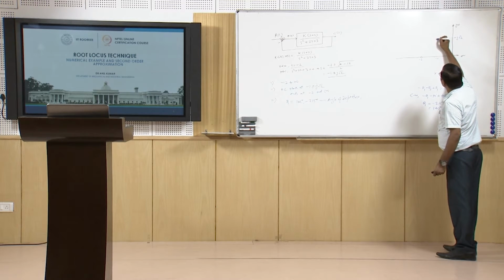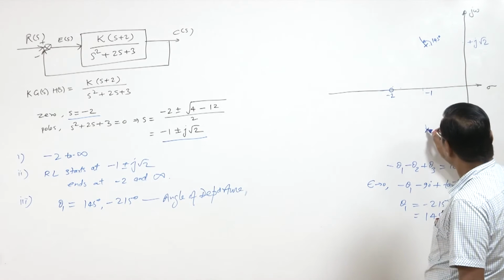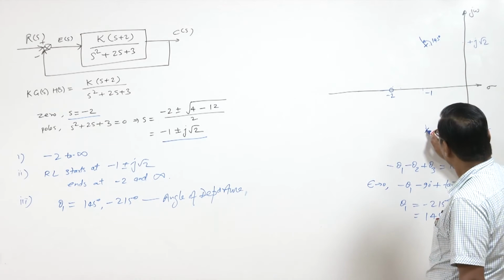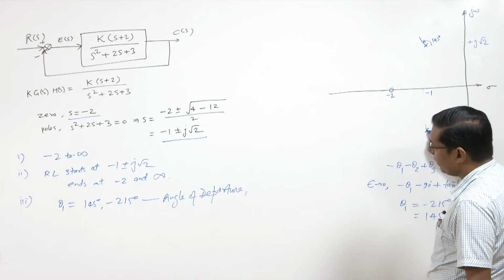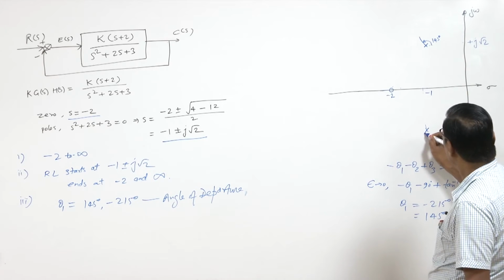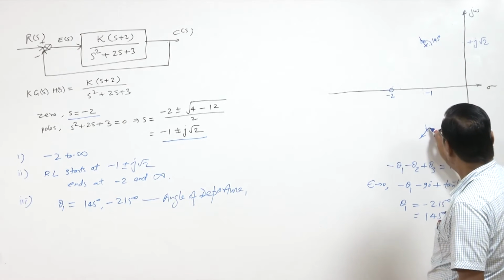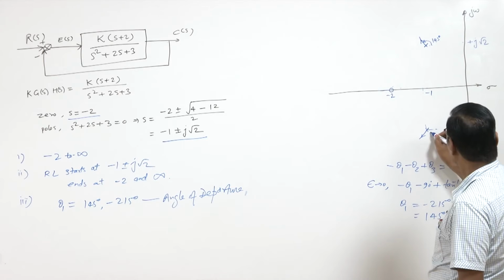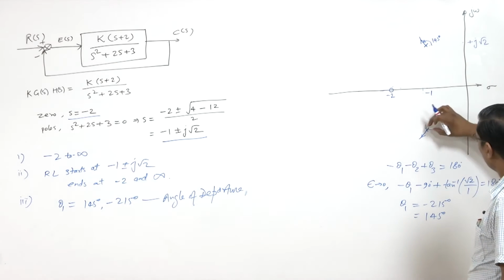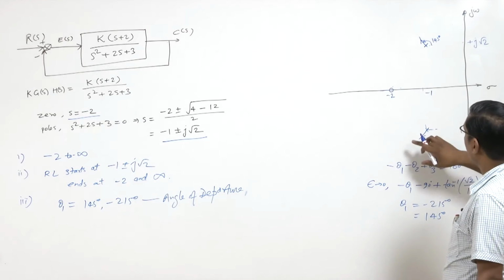So let's say this is 145 degree, and this is minus 215 degree, or minus 145 degree. So it will start from here. This is the root locus starting, this is minus 145 degree. So it starts at this angle of departure.